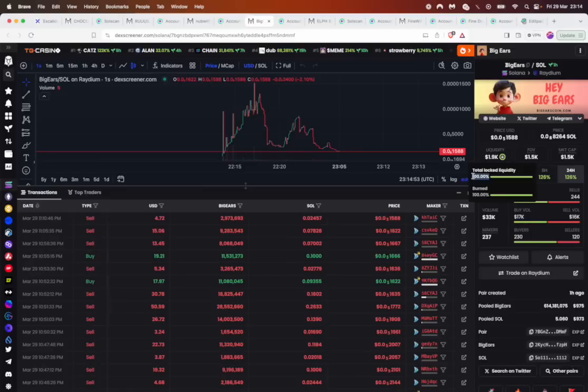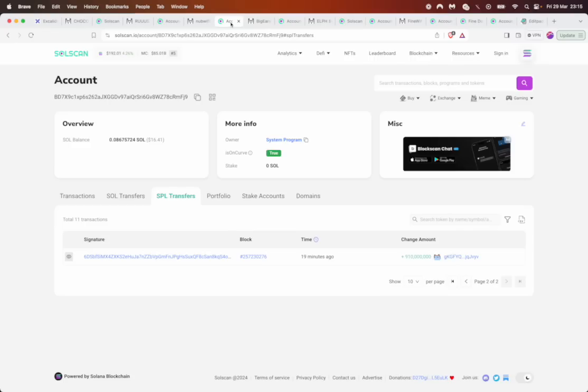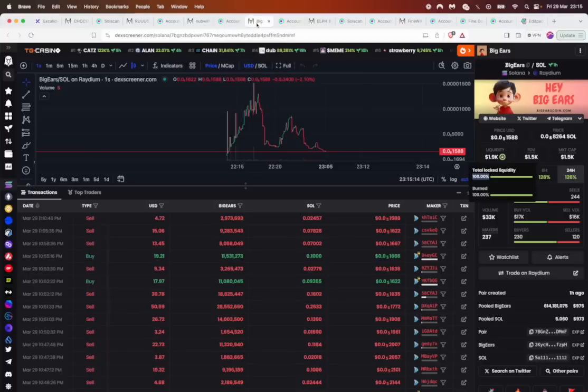So the developer can dump the liquidity tokens on your head, and these people just do this over and over again. This is how they make their money. That's another common strategy used by these developers.